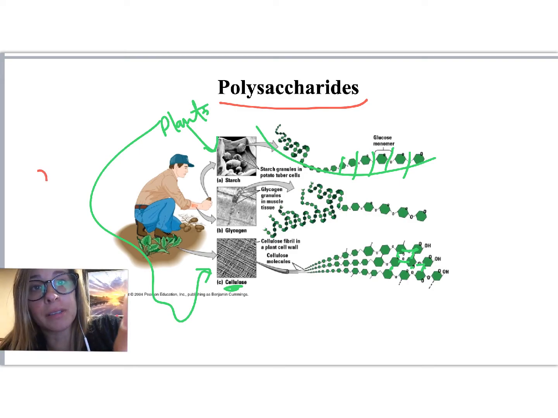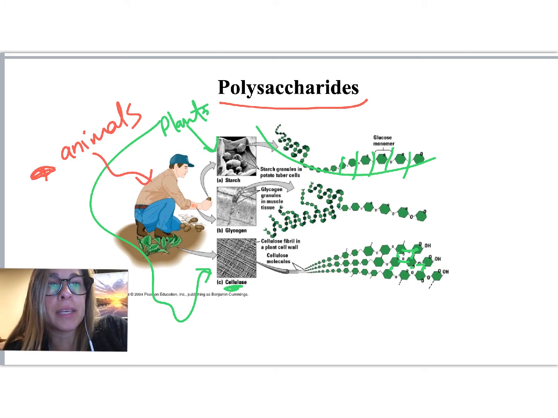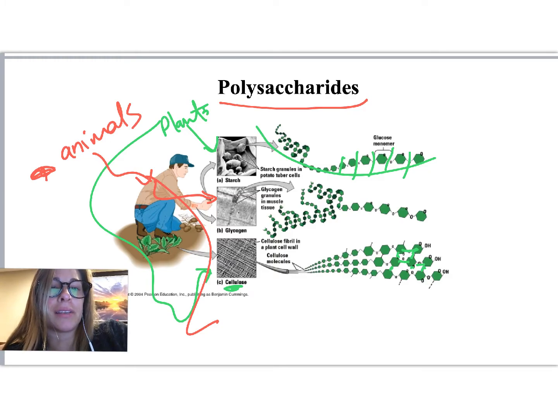So for animals, such as this dude right here, right? He's going to have things like glycogen, and another one, which we don't always have, but things like lobsters and cockroaches essentially have chitin.